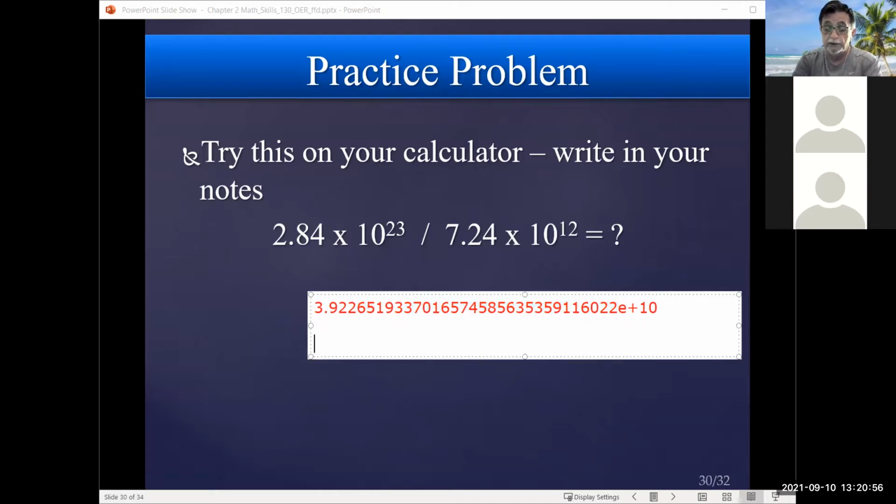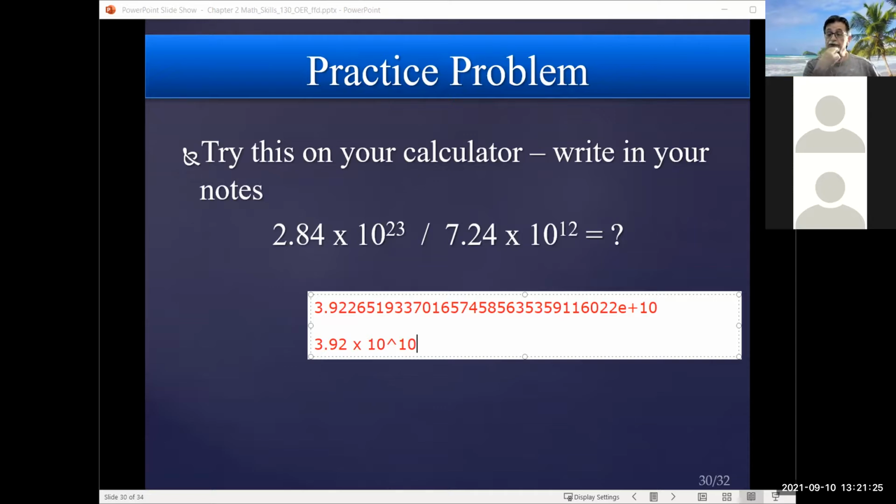So we write 3.92, and now we type in times 10 to the, and we use that little caret, which is the Shift-6 button. We type it in like that because this doesn't support subscript or superscript. So that little caret, the Shift-6 key, represents a superscript.